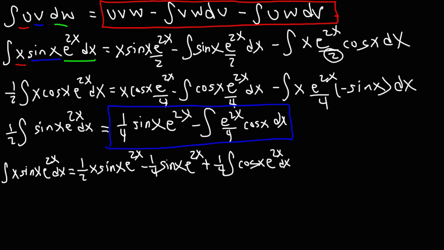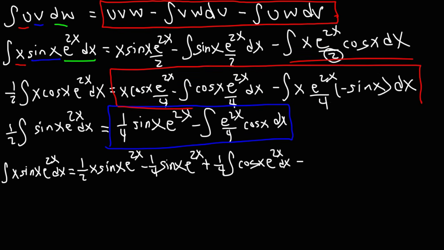So now we can move on to this one. We do have a negative sign, so keep that in mind. So it's going to be minus. So we're going to replace this with everything that we see here. So it's minus that term. So that's going to be 1/4 x cosine e to the 2x. And then we have minus and another minus, so that's going to be positive, which I'm going to put right under this expression because we can add them.